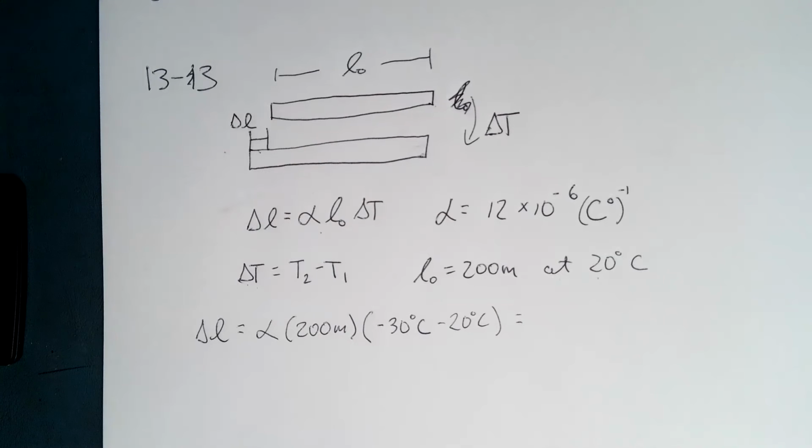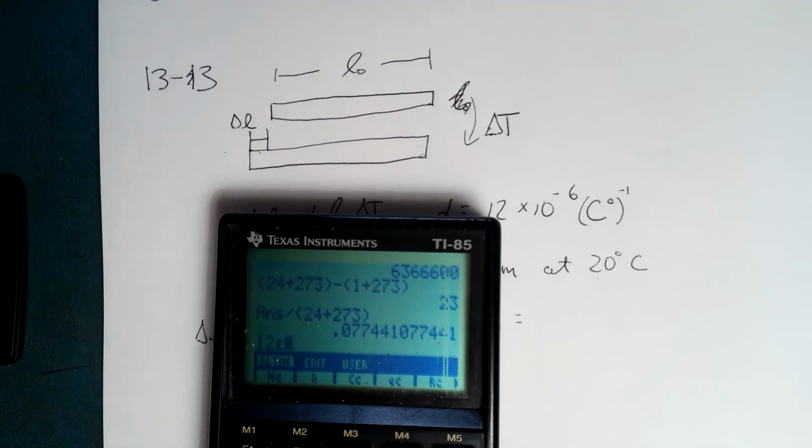If the T is by itself, you have to use Kelvin. So I want to get the number on this, so I'll go ahead and do the calculation. Okay, now it's times negative 50 for delta T.